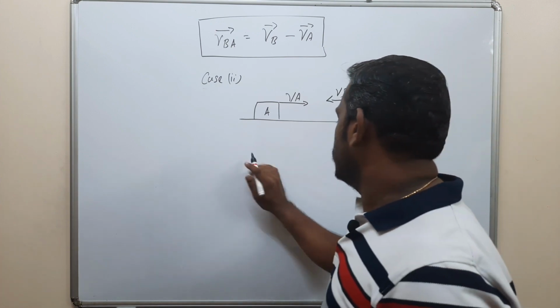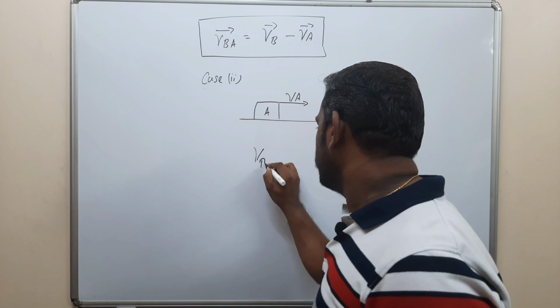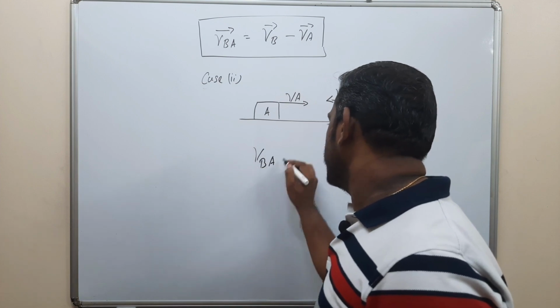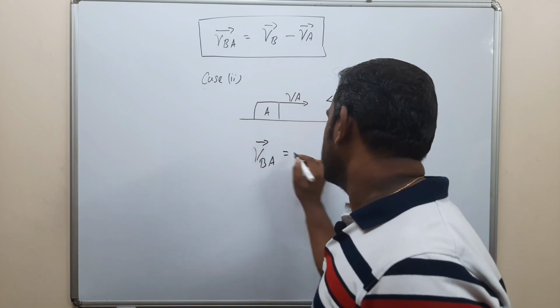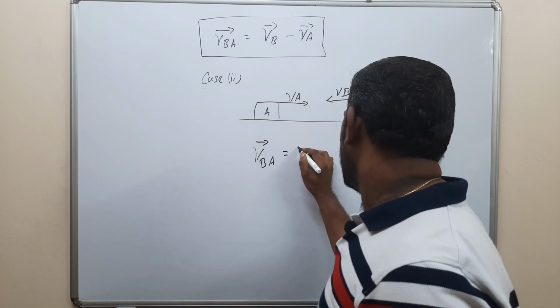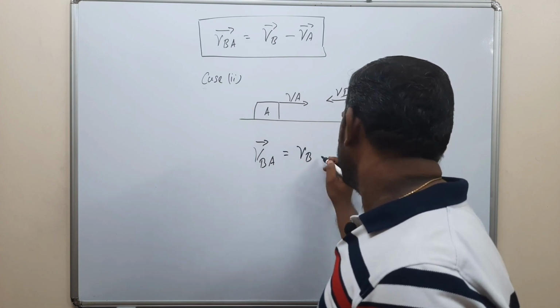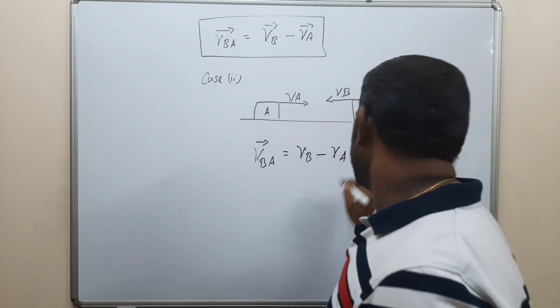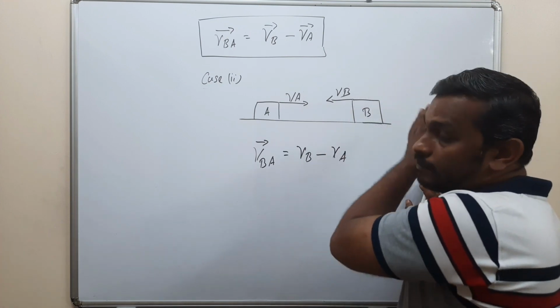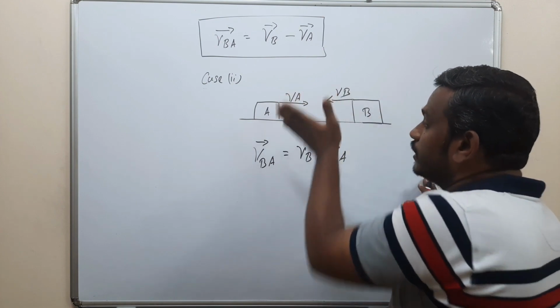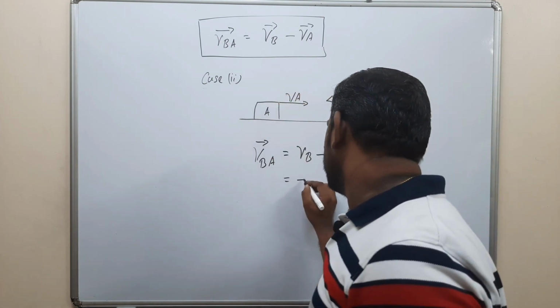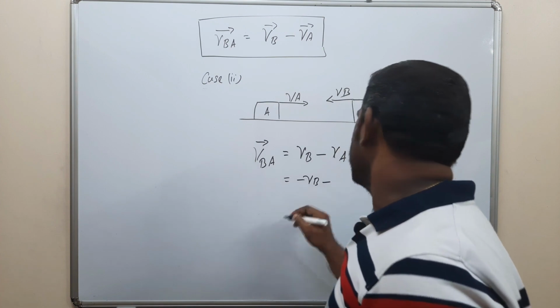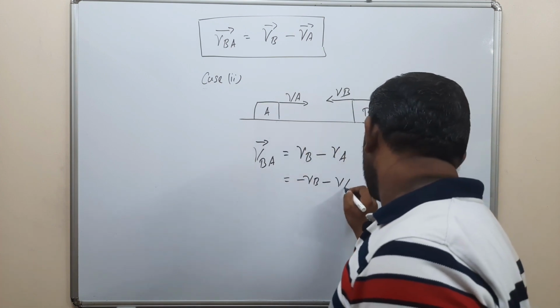So the relative velocity of B with respect to A is VB minus VA, that is the formula. Here VB is moving in the leftward direction, so it is negative, and VA is in the rightward direction.